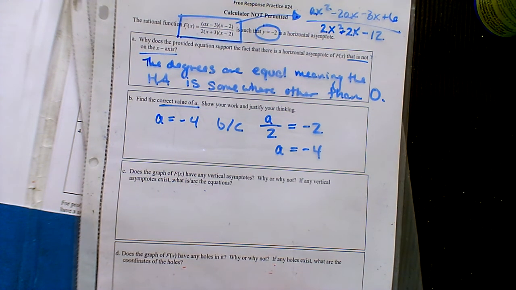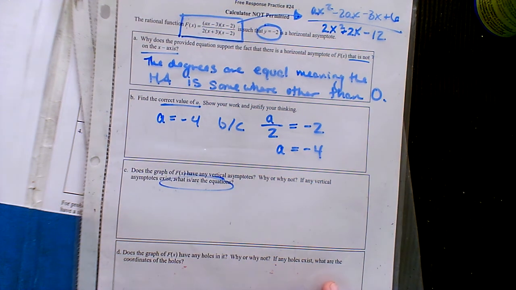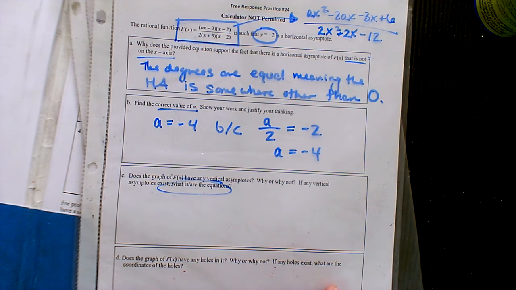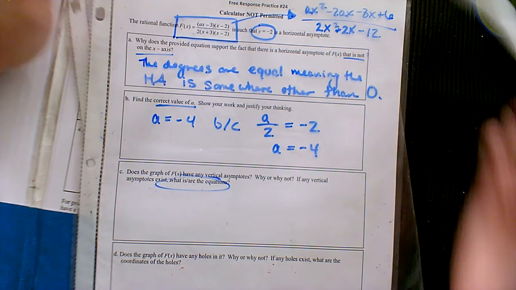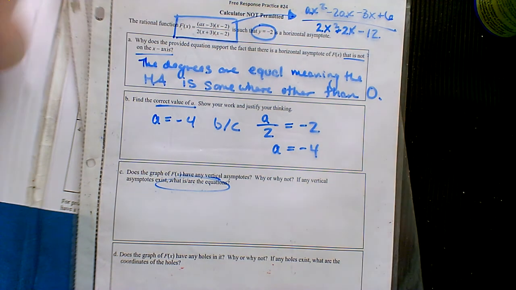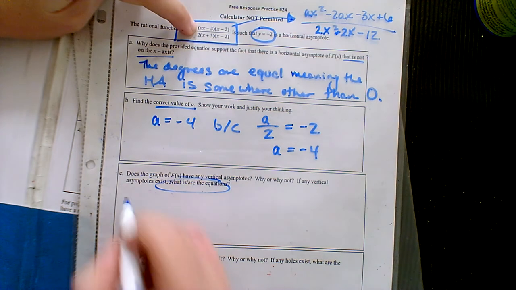Let's check out C. Does the graph have any vertical asymptotes? Why or why not? If any vertical asymptote exists, what are the equations? All right, so either looking at the factored form or maybe the expanded form. How about we just go ahead and put in -4 for A?